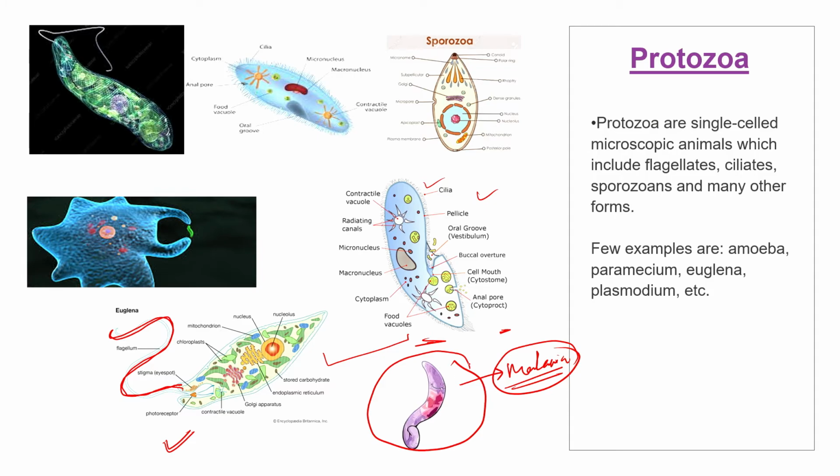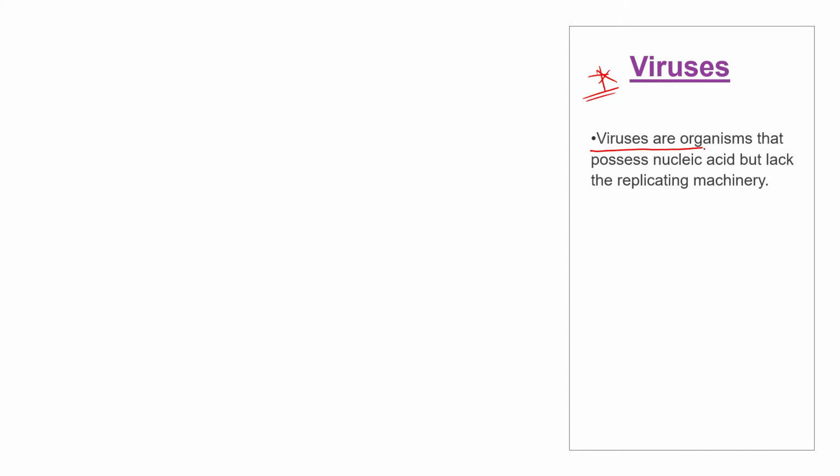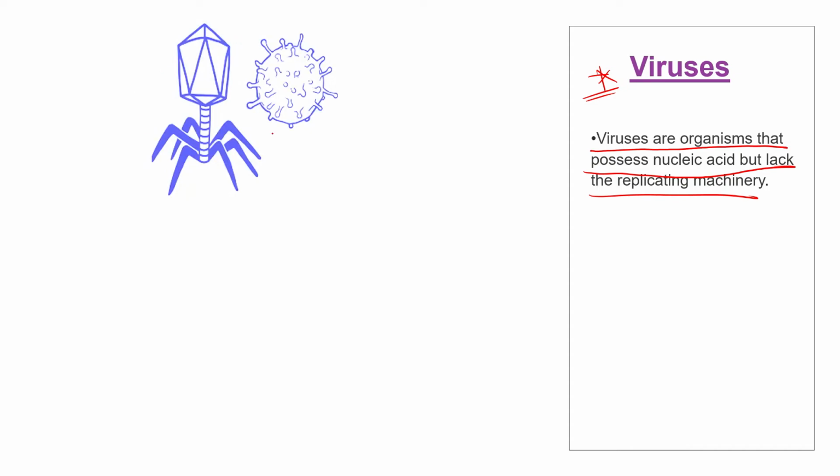Now coming to viruses, let us discuss them. So what are viruses? Viruses are organisms that possess nucleic acid but lack replicating machinery. In this virus you can see there are two parts. This outer covering is called what? The protein part, while inside the protein part there is a nucleic acid.